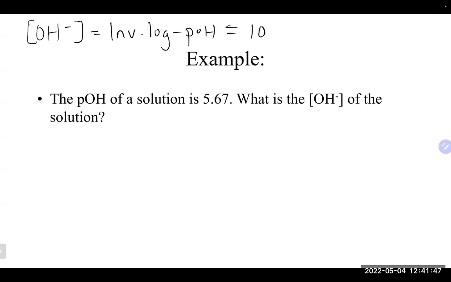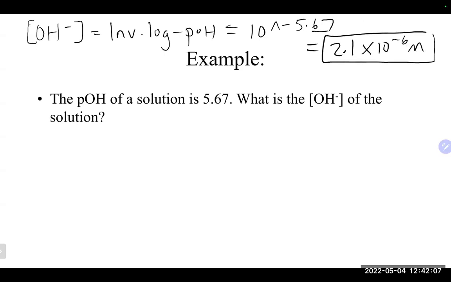We will then do our inverse log of the negative 5.67, and it looks like we got a 2.1 times 10 to the minus 6, I think. And again, 2 decimal places, 2 significant figures going there.